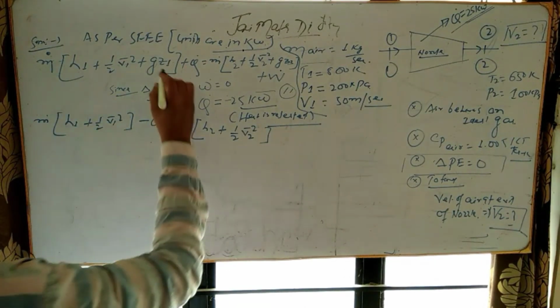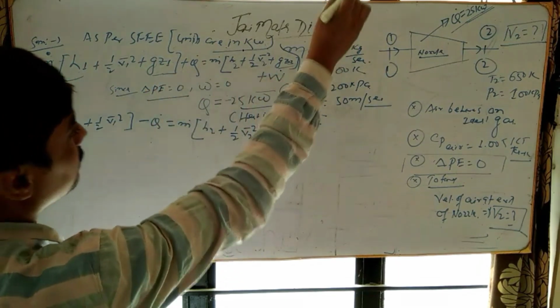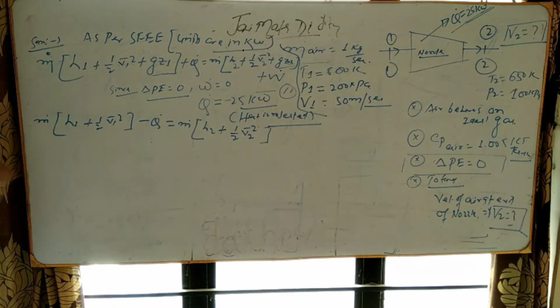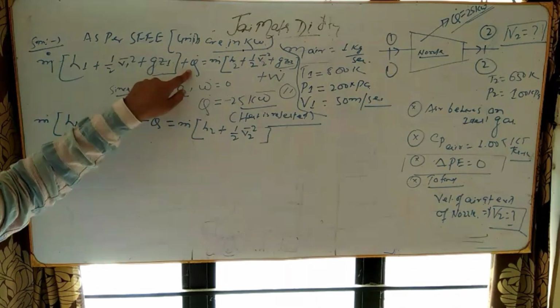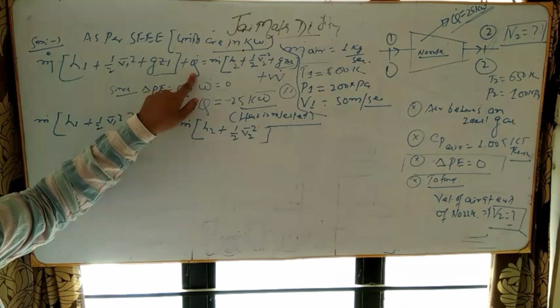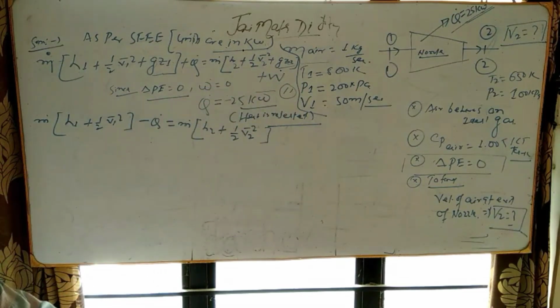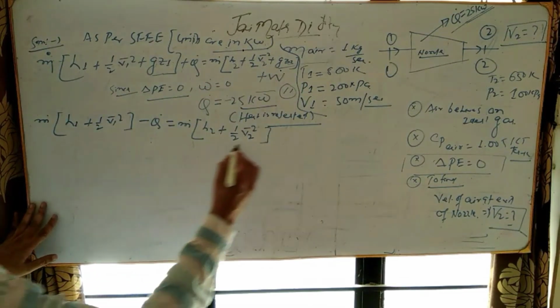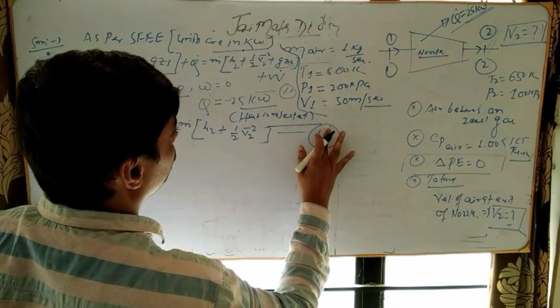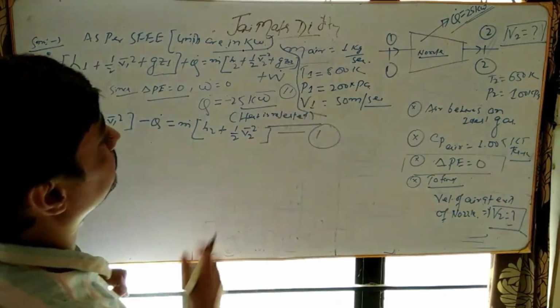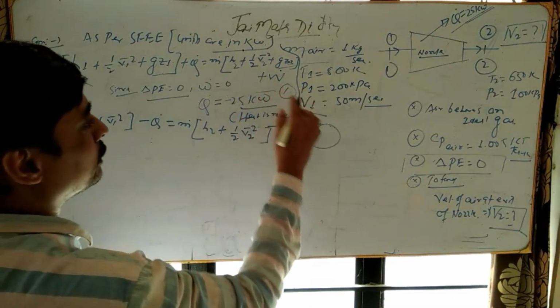This term will be cancelled out. This will be minus q because heat is rejected, and we don't get any type of work output, therefore this work will be 0. Right? Let us suppose this is equation number 2.